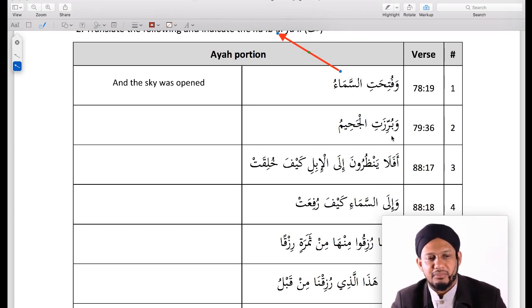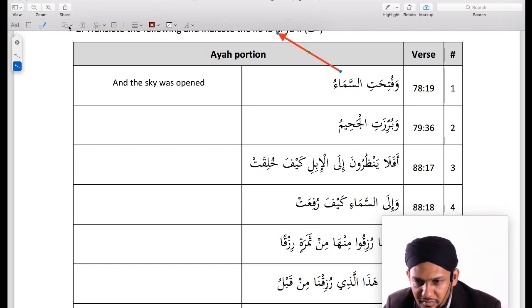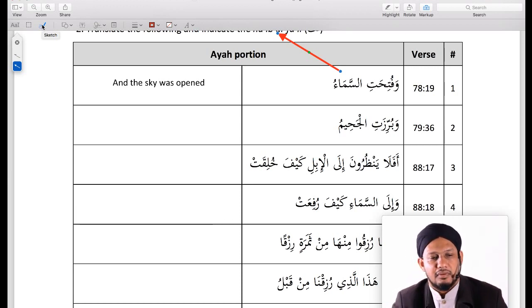What does burrizat mean? Barrazat means he made present.